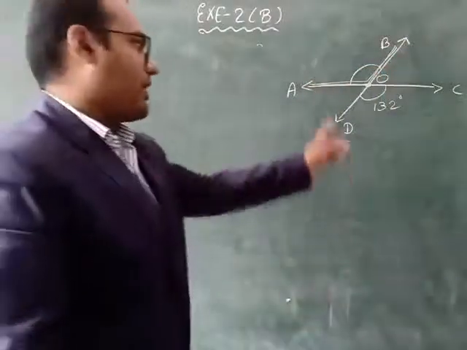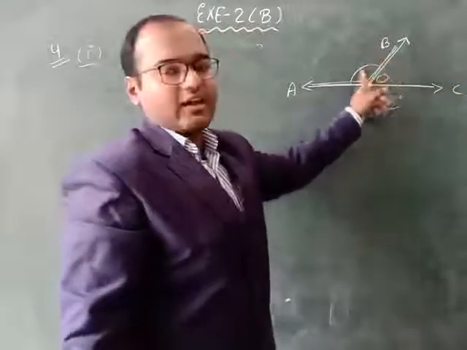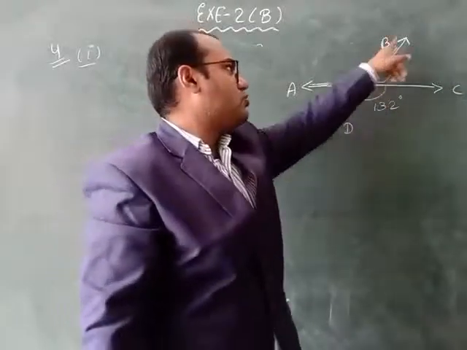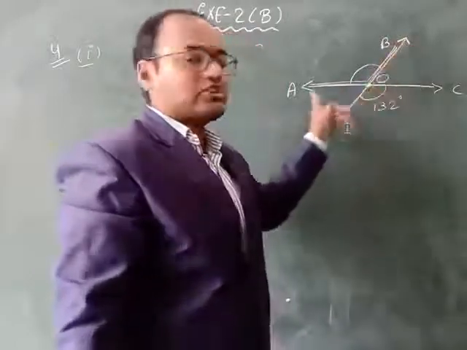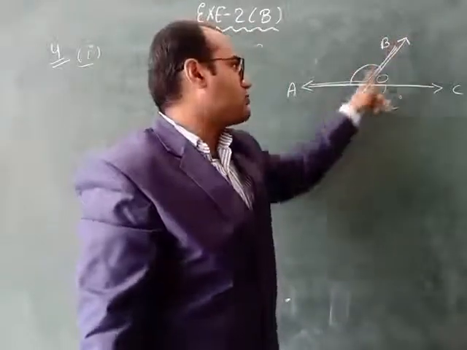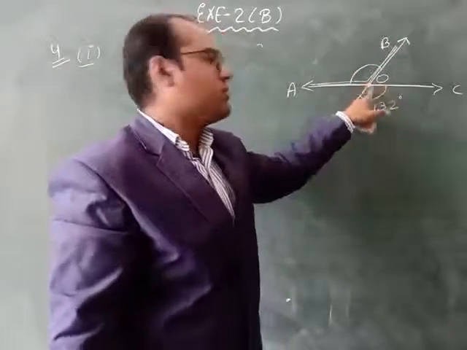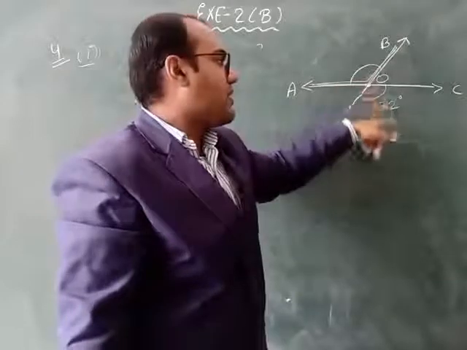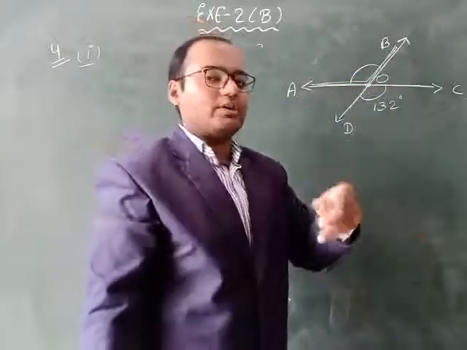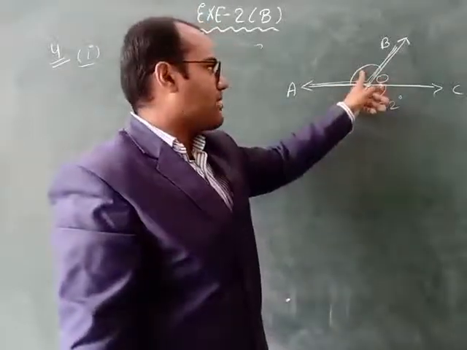So here we have to find AOB angle, that means this angle we have to find, and here two straight lines are intersecting. This is the X shape and two straight lines are intersecting at O. So we can say these are vertically opposite angles, and vertically opposite angles are equal to each other. So name of this angle we will write first.